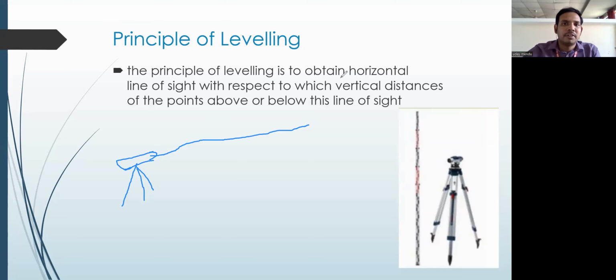So the principle of leveling is to obtain the horizontal line of sight, with respect to which the vertical distance is to be measured. That vertical distance may be either above the line of sight or below the line of sight. So this is the principle of leveling, right? Now let's move on to the next one.